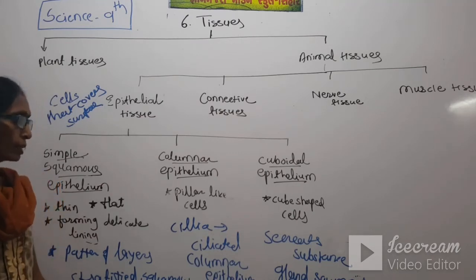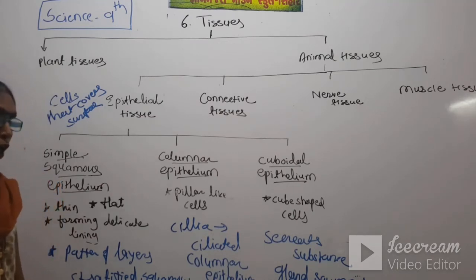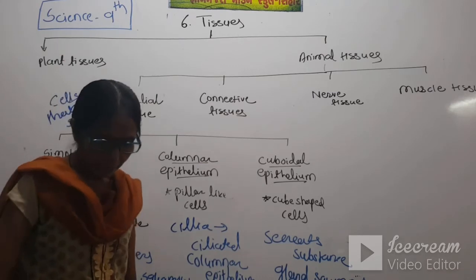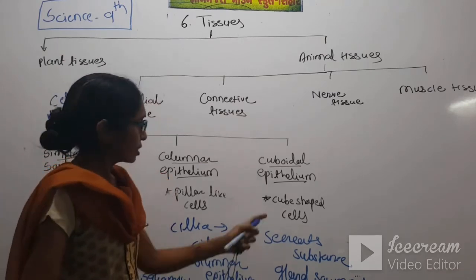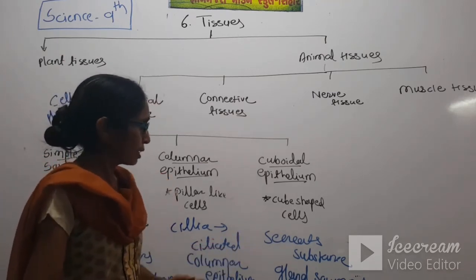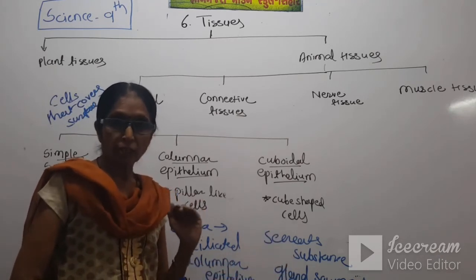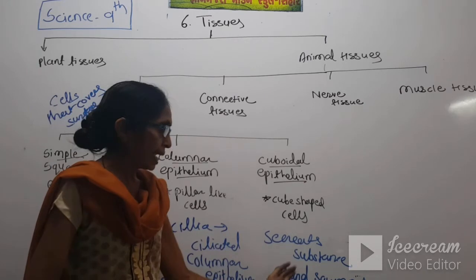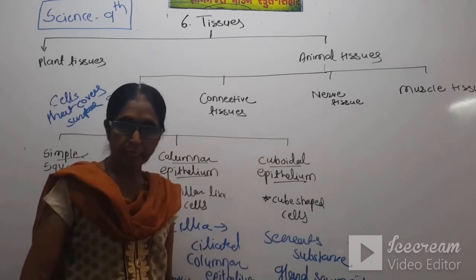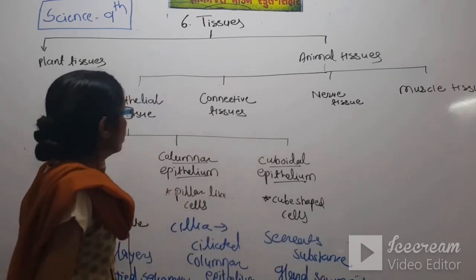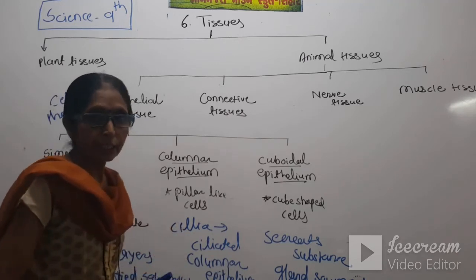But if they have cilia, they are called ciliated columnar epithelium. And the third, secreting substances. Suppose some substances are secreted from there, like sweating, then they are called glandular epithelium. So these are about the epithelial tissues.